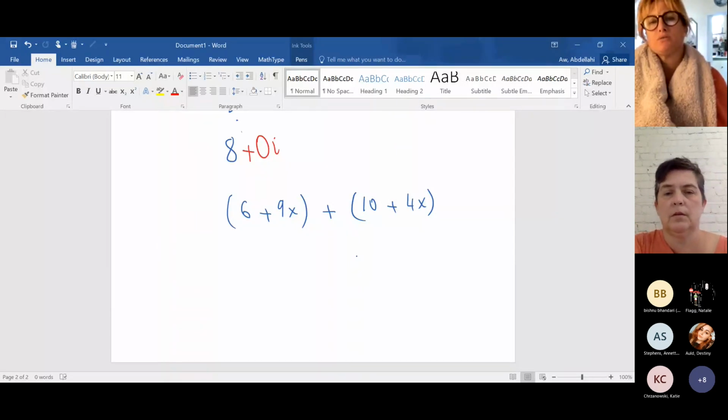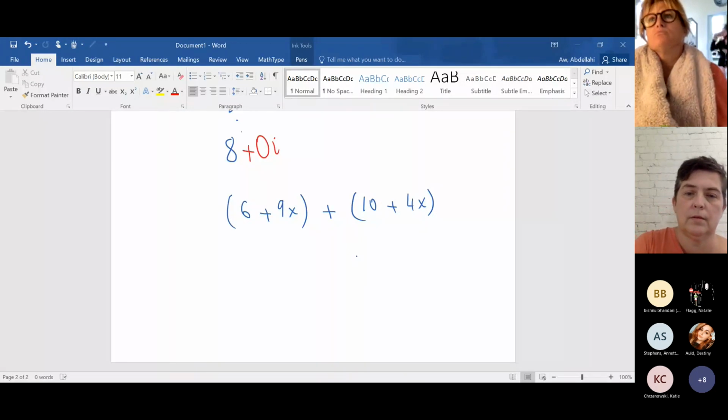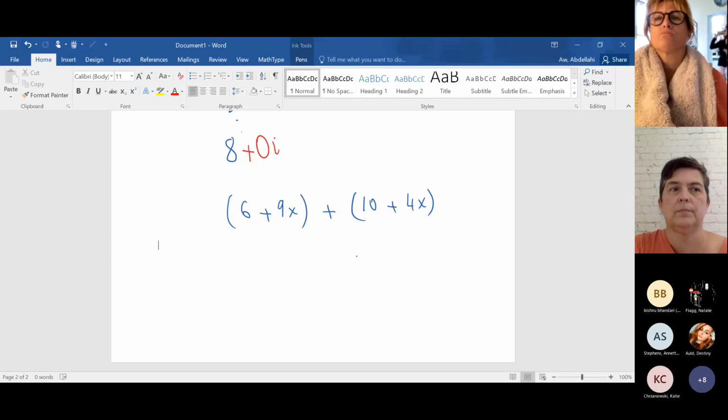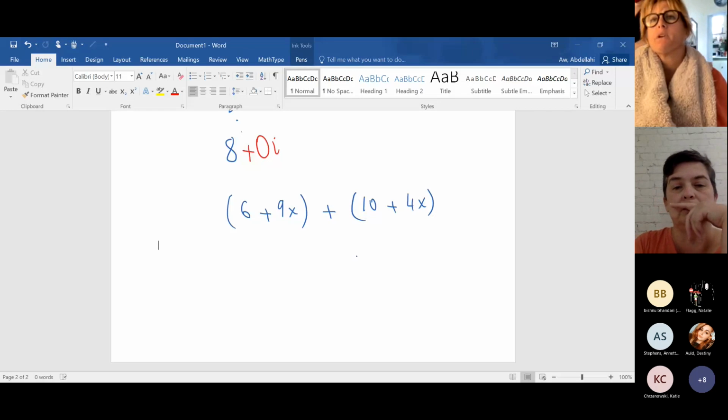I don't need to know what x is to do that. Algebra tells me to group like terms. That's it. As long as two terms look exactly alike, we can group them. This is what algebra tells me. I don't need to know what they represent.